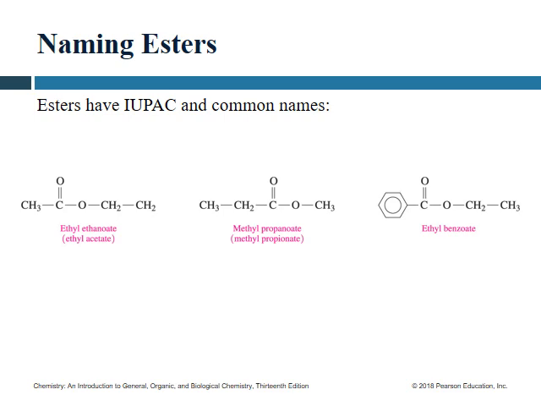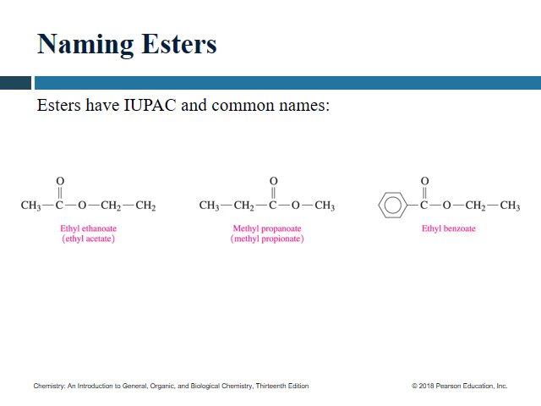For instance, let's name this compound right here. Don't look at the names yet, try to name them yourself. First thing you should always see when you see organic compound is identify what functional group you see. Because you are seeing here chapter by chapter, so it looks like easy. But when you're seeing bunch of compounds together, first step is you have to recognize, okay, this is an acid, this is an ester. Okay, so first step, always do that. So in this case, I'm recognizing this is COOR, which means this is ester.